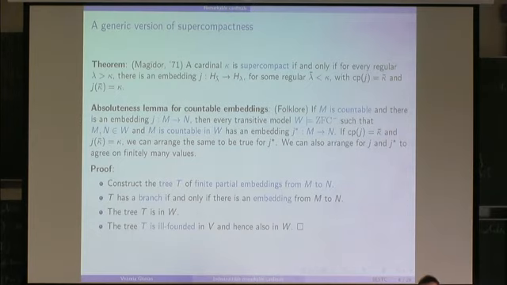The gist of the lemma is that the existence of countable embeddings is absolute between transitive models of set theory.